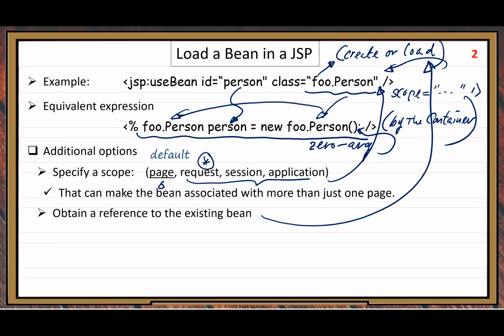So obtain a reference to the existing one. Here, the bean with reference person exists, so we just get that instance and use it. If no existing bean, create one.